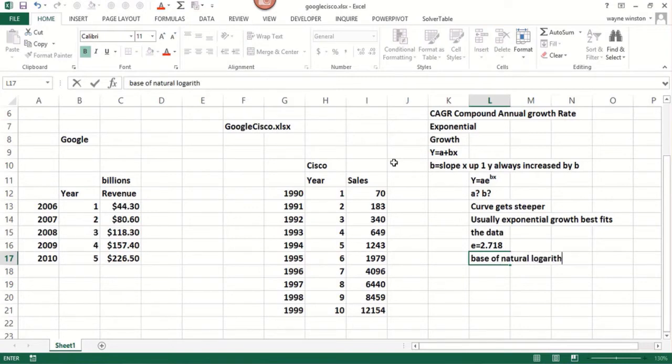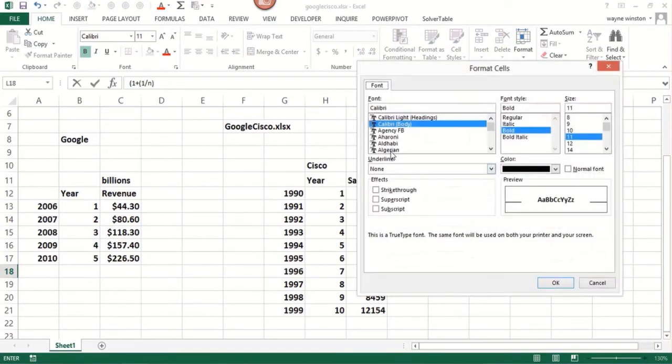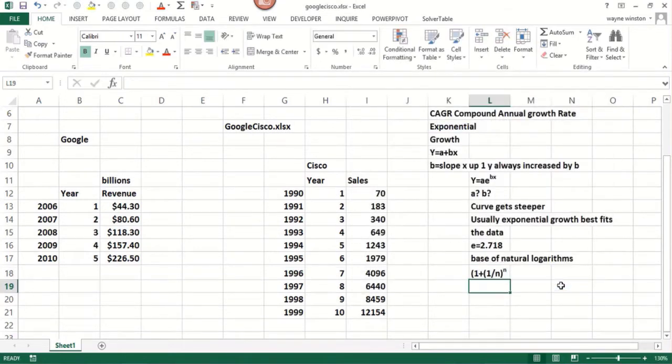Another way to think of e, if you take (1 plus 1 over n) to the nth power and let n approach infinity, a very large number, then that number will approach 2.718. If you've taken calculus, you know more about e. And basically, we can raise e to a power by doing EXP, you'll see in a couple of minutes.